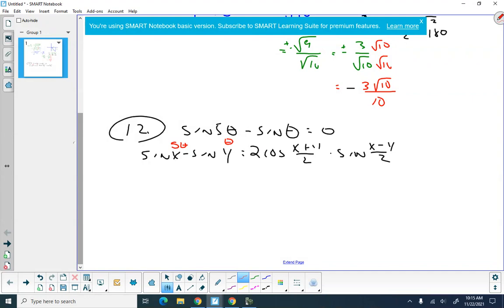Wherever I see an x, I'm putting in a 5 theta. Where I see a y, I'm putting in theta. So we have 2 cosine of (5 theta plus theta) divided by 2 times the sine of (5 theta minus theta) divided by 2. And this is equal to 0 still.